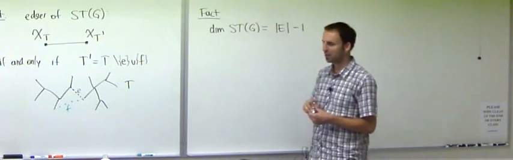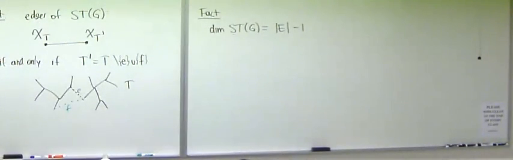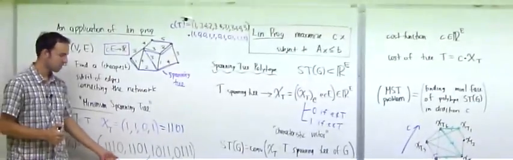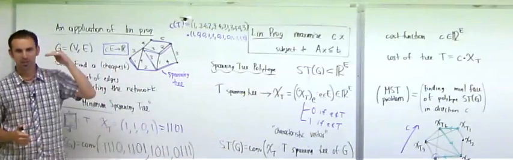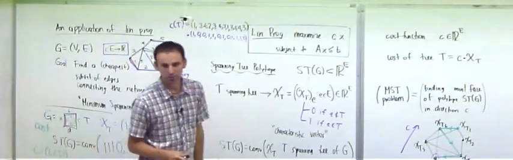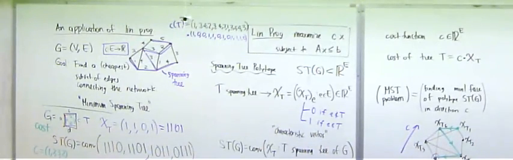And if you think about why that is, for example, this polytope, even though it lives in 4 dimensions, is 3-dimensional because it lies on the plane A plus B plus C plus D equals 3. That's always true in general: these polytopes live in a plane x1 plus x2 plus x3 and so on equals something. So it's in dimension E minus 1. How many vertices does it have? I think that's what you were going to answer.